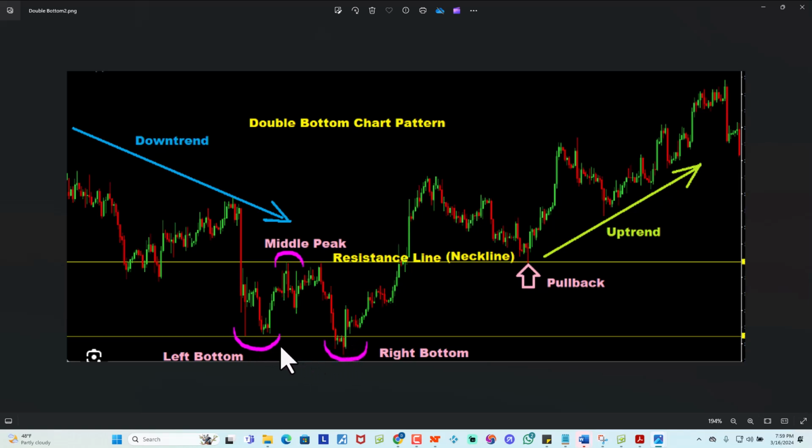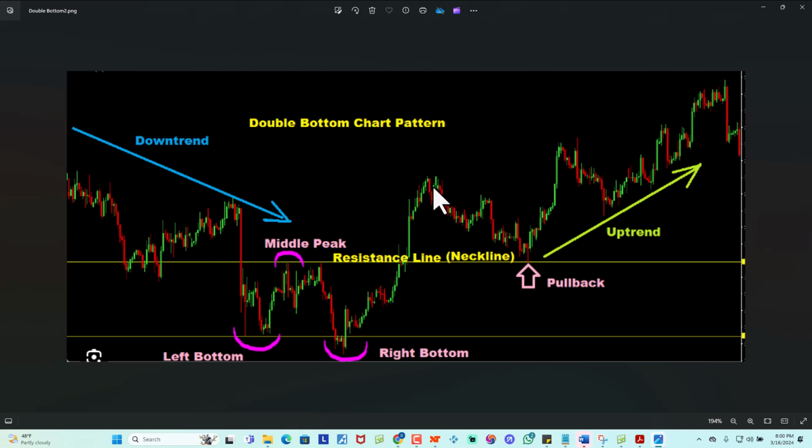The reason is that there is liquidity below the area. Once it creates that first bottom, there are people that put their stops there. So the market makers would come down a little bit deeper, hit people's stops, and then take off for the real move, the other leg of that, and then break the neckline and keep moving, right?